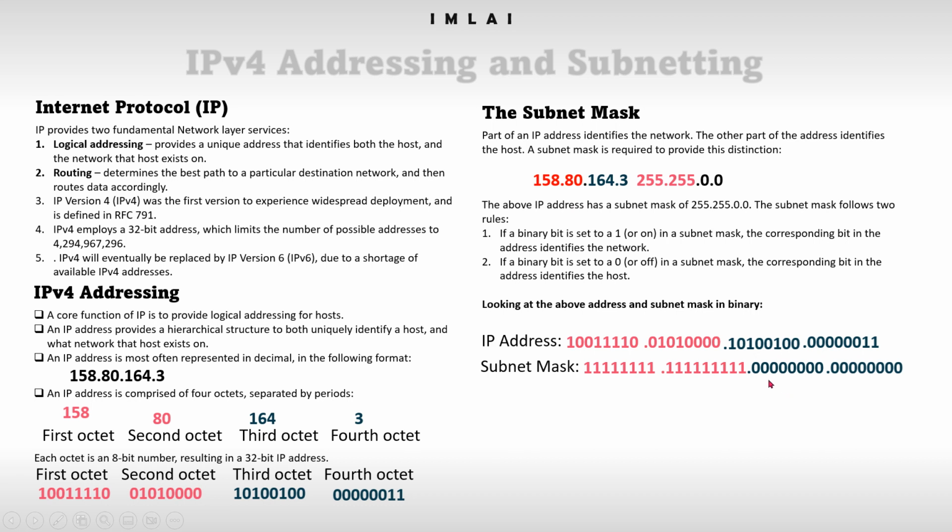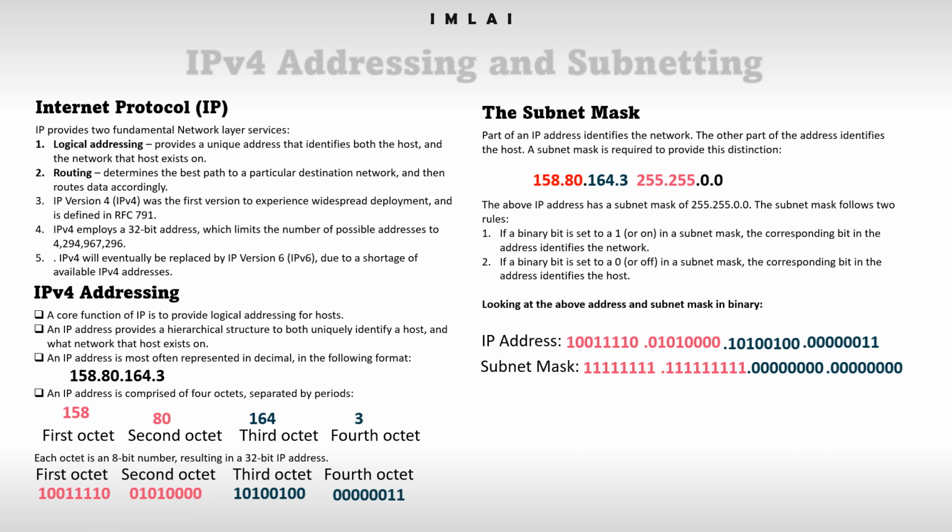Now the zeros have begun. What does 0 mean? The 17th bit of the subnet mask is 0. It means the corresponding 17th bit of the IP address represents host.